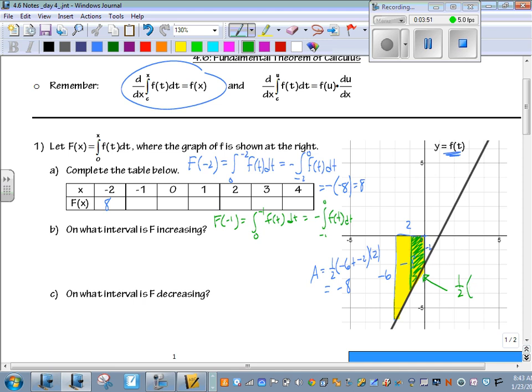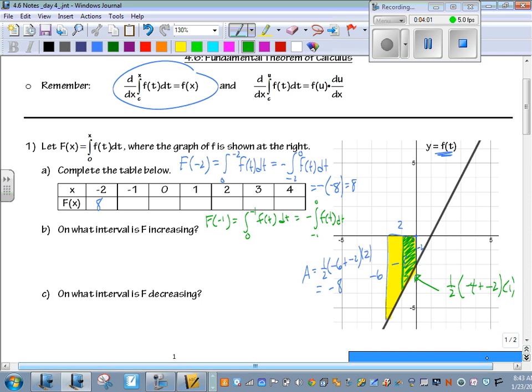This base right here is going to be negative 4. This base is negative 2. And then the height, the distance between those bases, is just 1. So we get negative 6 times 1/2, negative 3 times 1. So we have negative 3, but there's that negative out in front. So that's going to give us a positive 3.